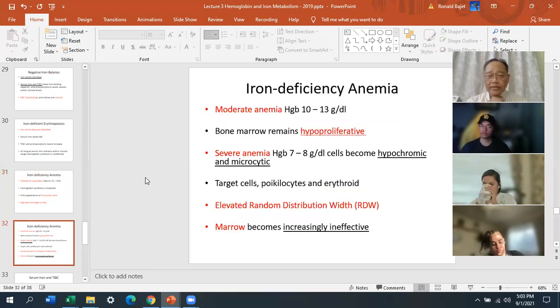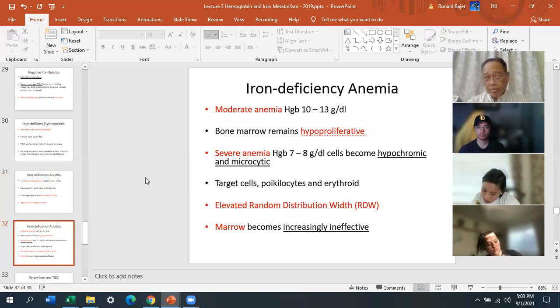Also, in iron deficiency anemia, you're going to have moderate hemoglobin at 10 to 13, but it's going to get worse. Your bone marrow is going to be hypoproliferative, meaning that there's going to be a lot of non-production. A highly productive bone marrow is going to be very hyperproliferative.